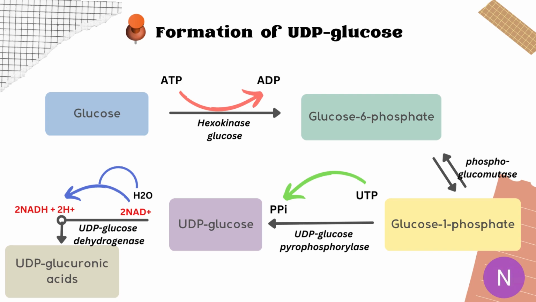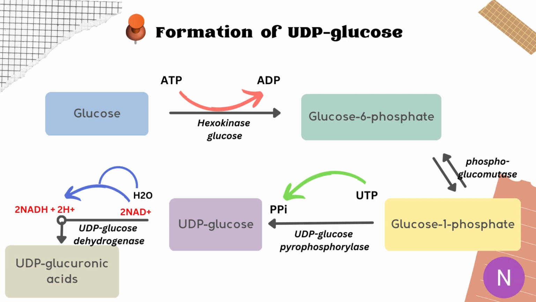Hexokinase phosphorylates glucose using ATP as the source of the phosphate to produce glucose 6-phosphate. Next is glucose 1-phosphate. Glucose 6-phosphate is converted to glucose 1-phosphate via phosphoglucomutase.